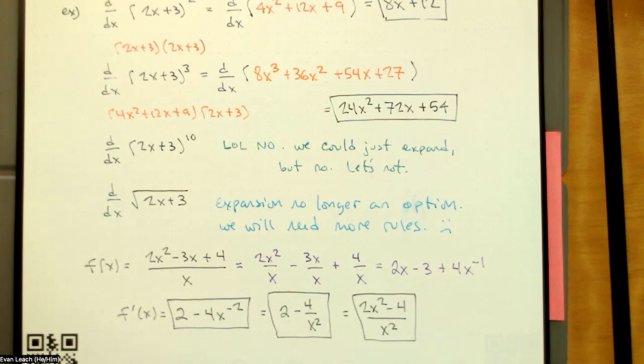So we had this quotient set up, but since the denominator was just one term, we were able to use the distributive property, and everything worked out.